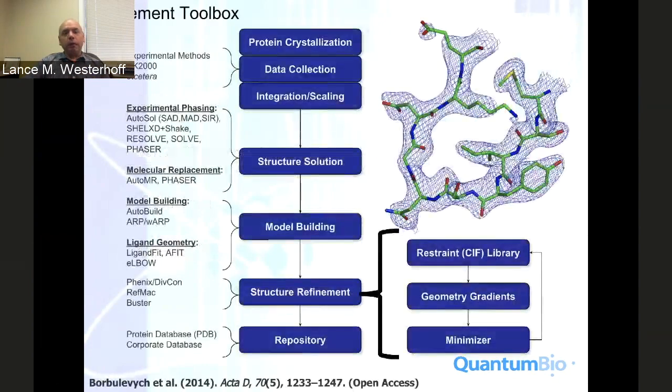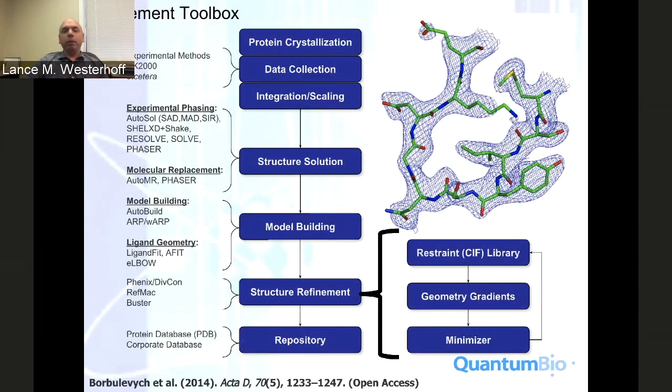So just as an overview, when I had done one of these a year or two ago, I went ahead and had done a lot of the background of what the refinement toolbox is, what we're doing with crystallography. Everybody's welcome to go back and take a look at that video.